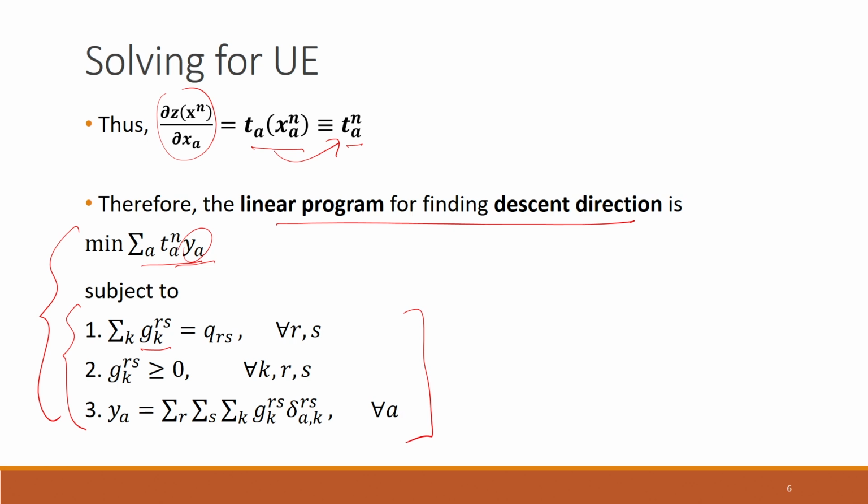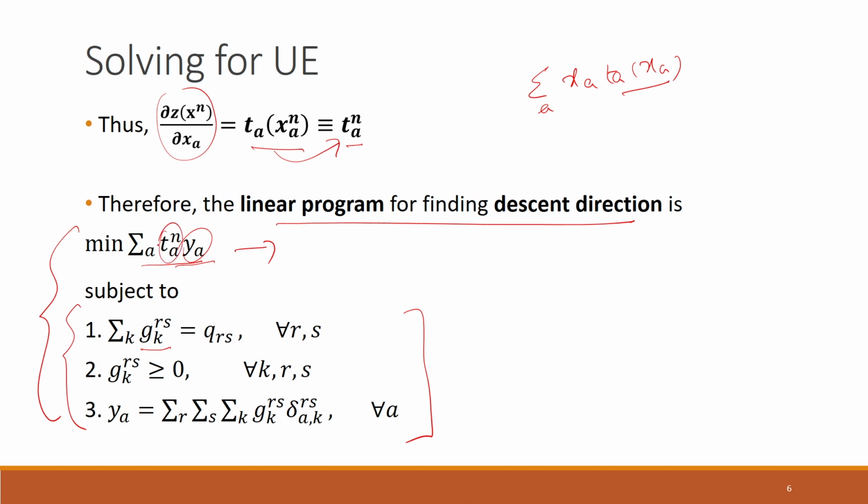One thing you can notice is that this objective function looks similar to the total system travel time function that we had in the system optimization formulation. You remember there was this function x_a t_a, but there t_a was a function of x_a, and we were summing this over all the links a, okay. Now there is a difference: instead of t_a(x_a) there is a constant t_a^n, okay.